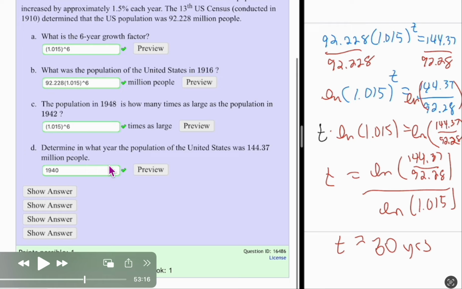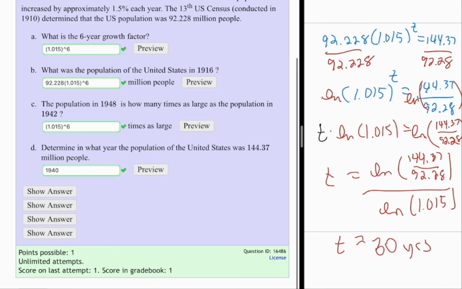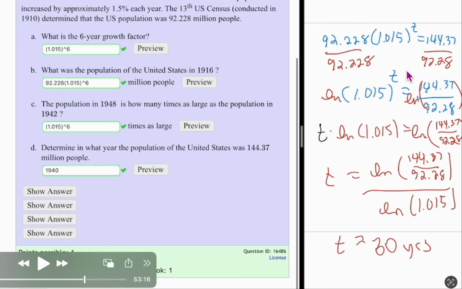Now, I want to talk through part D, okay? Because D is the hardest one on this sheet. And then there's some in question 21 that follow a similar idea. I've done the math over on the right here. Let's talk it through. So I want to know when this formula with T missing, so my starting value 92.228 times our growth factor of 1.015 to a T will equal a population of 144.37.